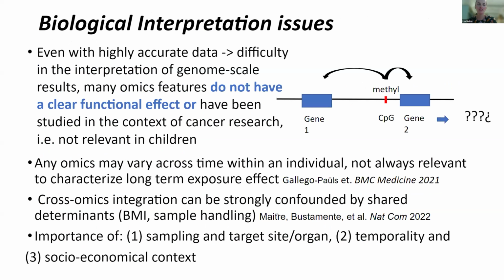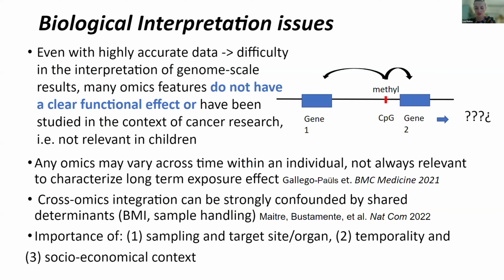Another type of challenge is the biological interpretation. Even if we are measuring very well a gene transcript level or a metabolite level, if that omic feature is not clearly linked to a functional effect, it's going to be very difficult to give a context.